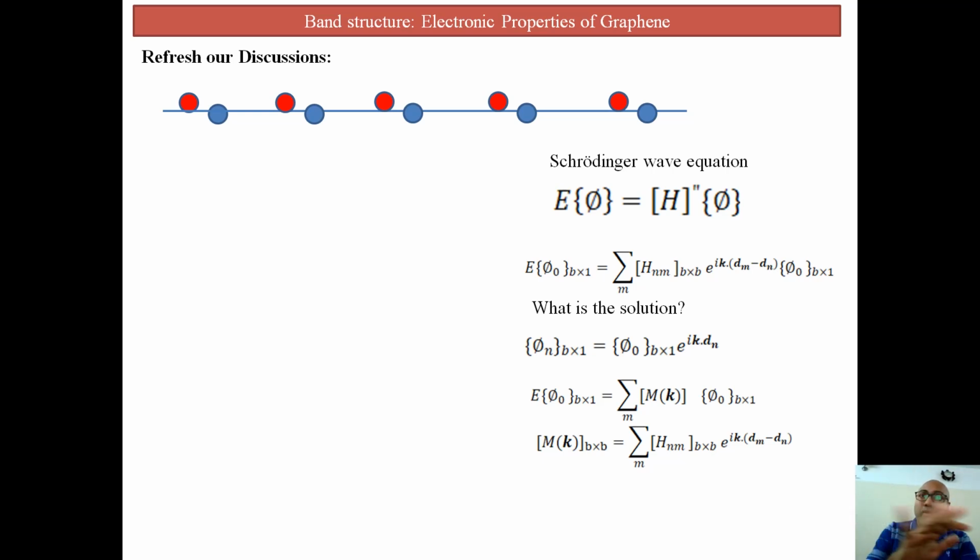And whatever papers I have forwarded to you are the basis of today's discussion. Please go through all the papers nicely, and the most critical part of these papers is how to find the E-k diagram of graphene.